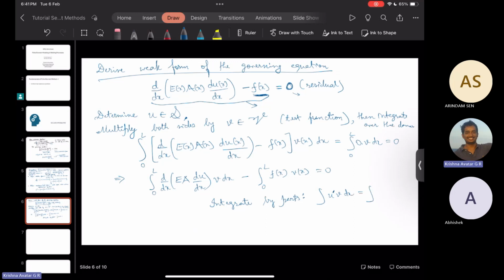This gives us, so the first term is actually integrated. So you have uv at, say, if it's 0 to L, then it will be 0 to L, minus, likewise, we'll have u v prime dx from 0 to L.